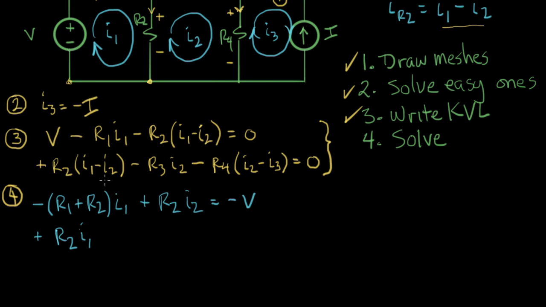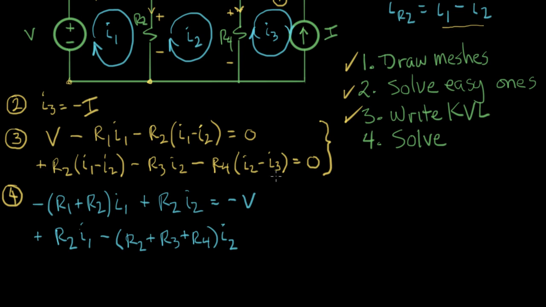Now if we do the I2 terms, we're going to have minus R2 I2, minus R3 I2, and minus R4 I2. So let's do that this way: minus the quantity R2 plus R3 plus R4, times I2.